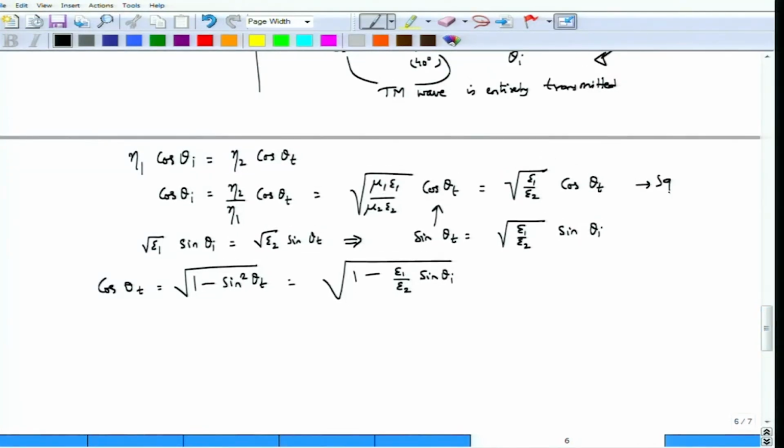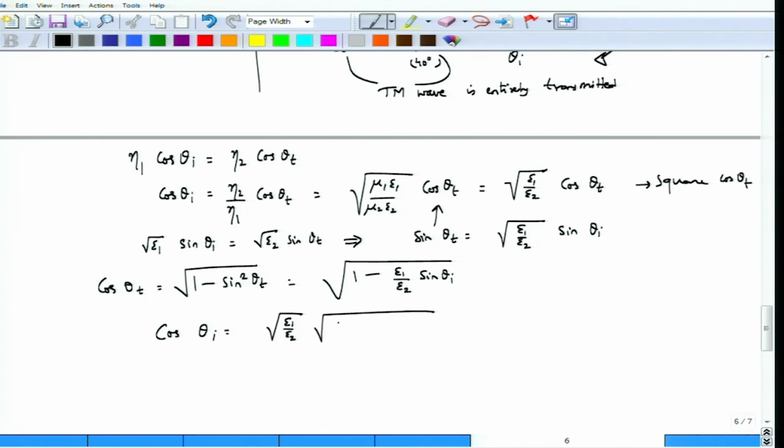And in this equation you can actually square cos theta t. So, when you square that, what do you get? Let me write down: cos theta I is equal to square root of epsilon 1 by epsilon 2 times cos theta t.